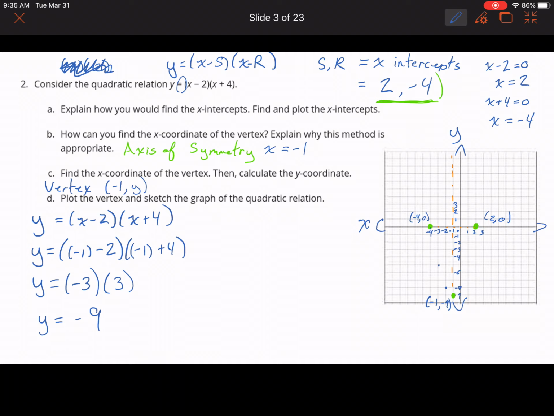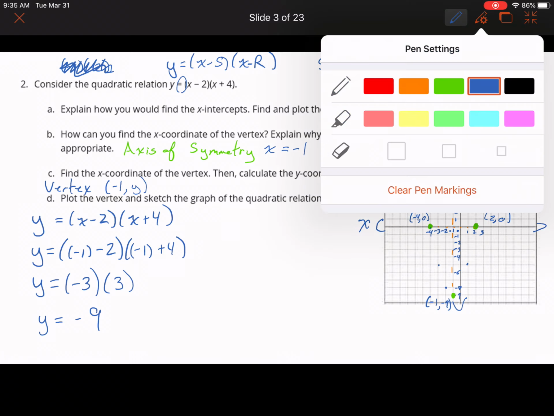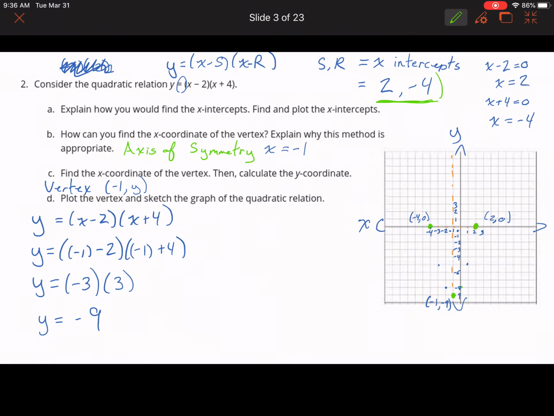And this is also a check to see that we've done it correctly, because we've gone over 1, up 1, over 1, up 3, over 1, up 5, and we've hit our x-intercepts. So that is proven. And we can keep going, over 1, up 7. It proves that we have done this correctly.